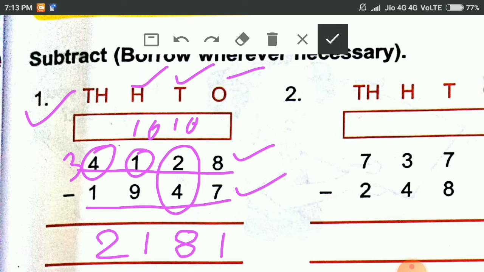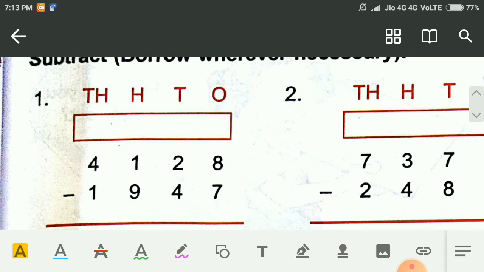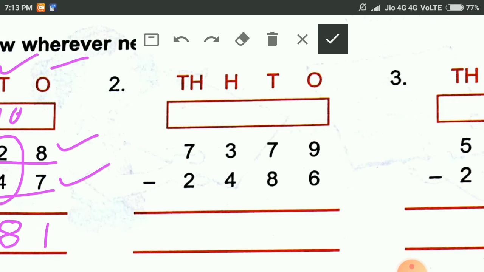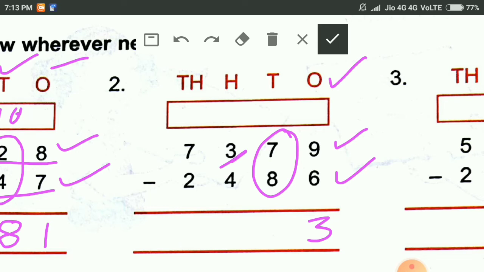Now question number 2. We start from here. 9 minus 6 is 3. You can write easily. Then 7 minus 8. It's not possible. So you will borrow from here, and it becomes 10 plus 7, 17. 17 minus 8, 9.